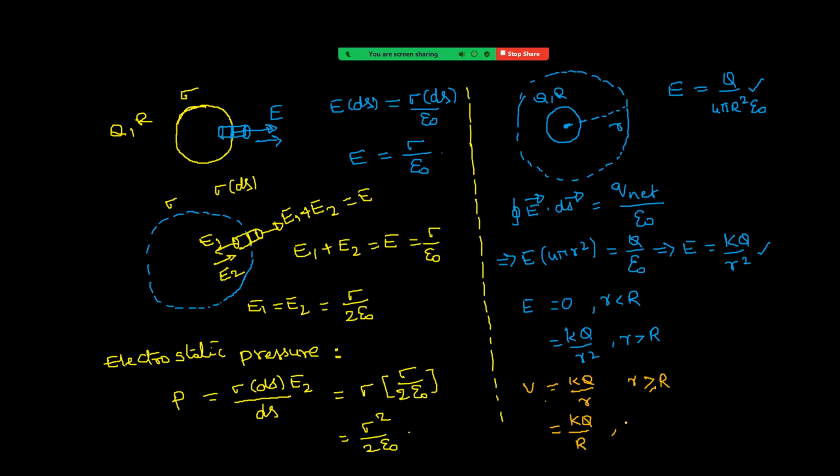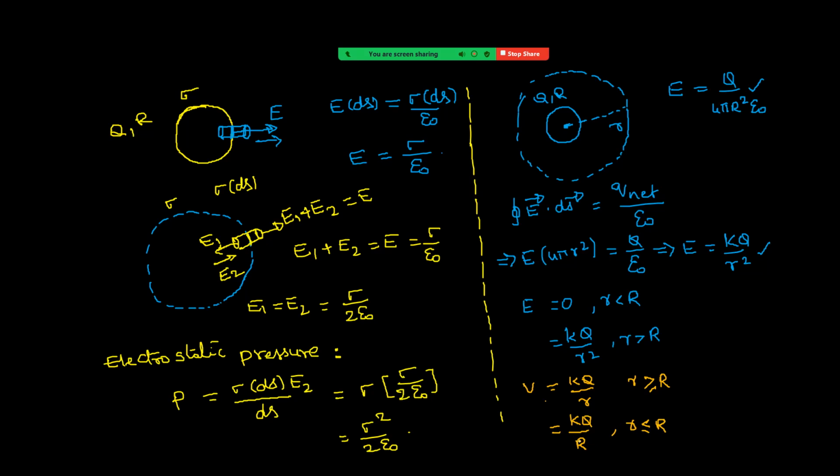That means for r less than or equal to capital R, the potential is the same at any point, and that is equal to the potential on the surface of the shell. From the surface to any point inside, no work is required.